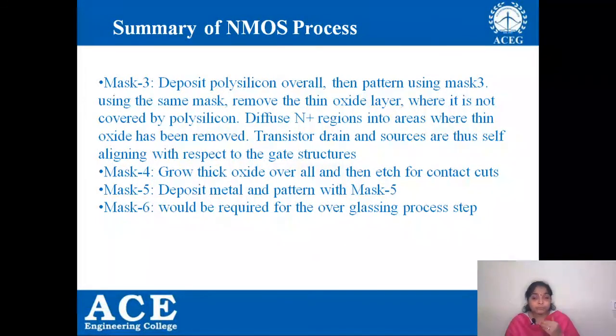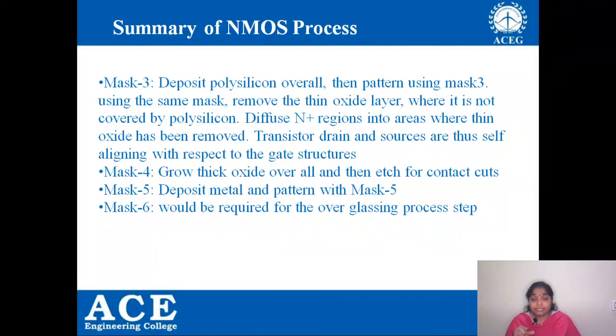And coming to the fourth mask. It is used to grow thick oxide overall, and then to etch for contact cuts. That means after the formation of source, drain, gate, you must have contact cuts, right? In order to select those areas for contact cuts, you require another mask, right?